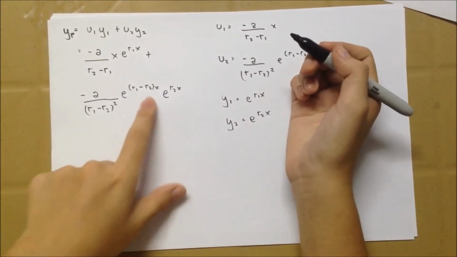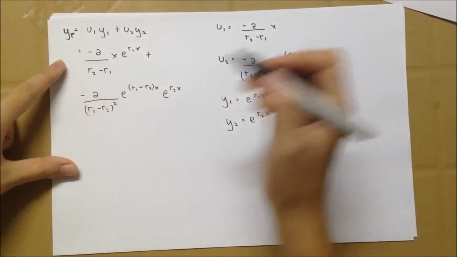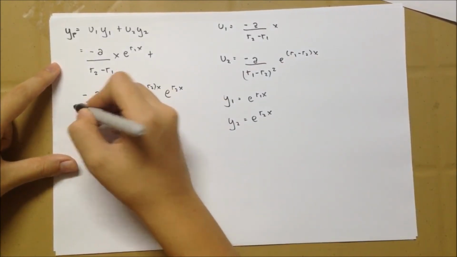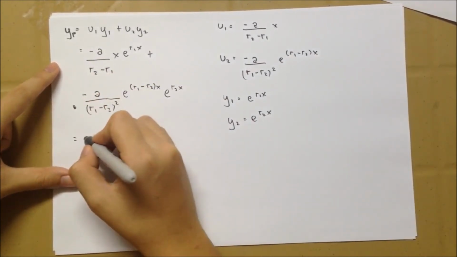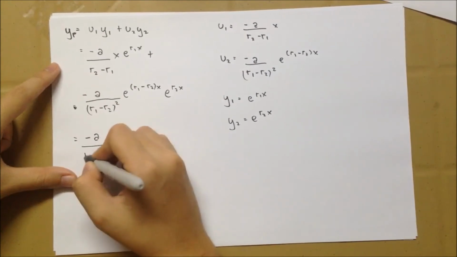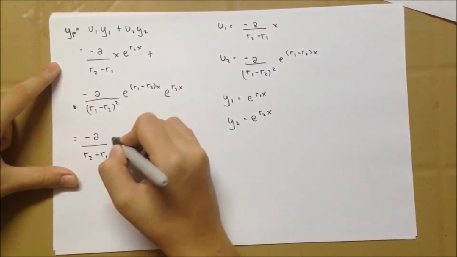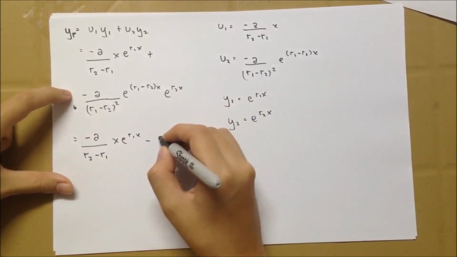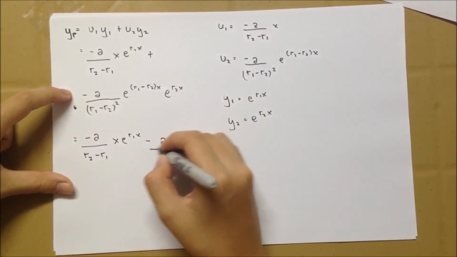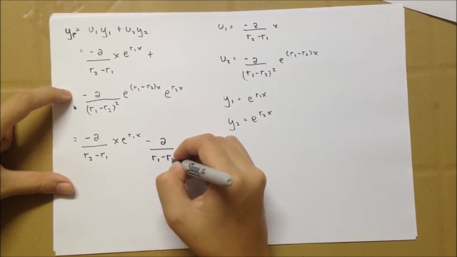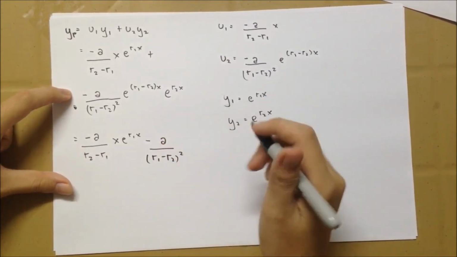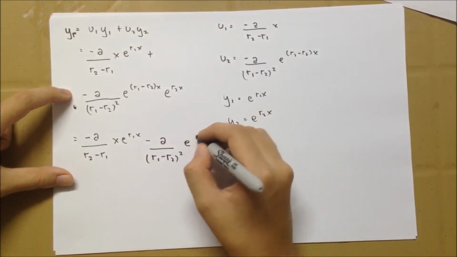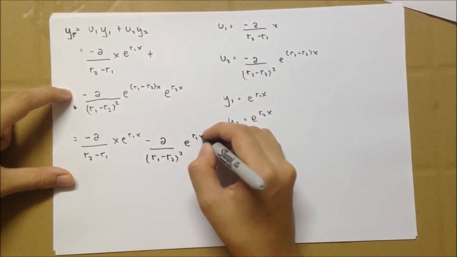So my e to the r2x here will just cancel, so I am now just left with yp taking the form a over r2 minus r1 x e to the r1x minus a over r1 minus r2 squared times e raised to r1x.